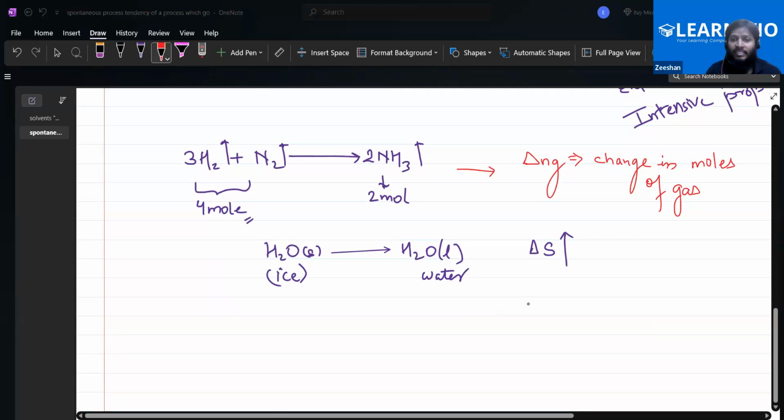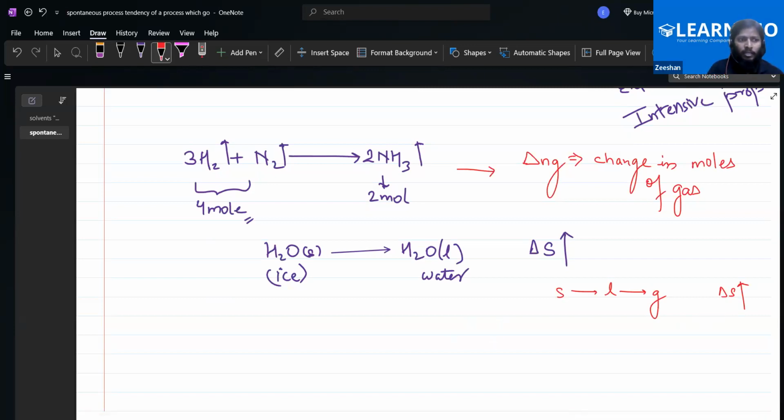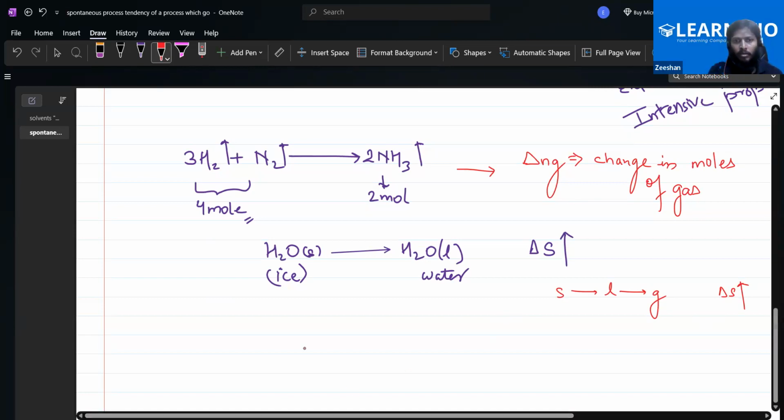And when the state changes from solid to liquid to gas, entropy will always increase, right? Now we will take an example. You will understand.